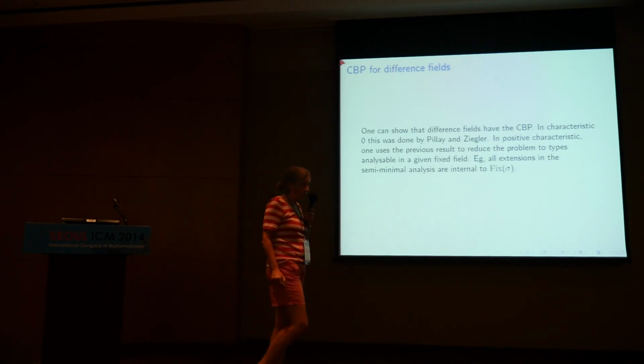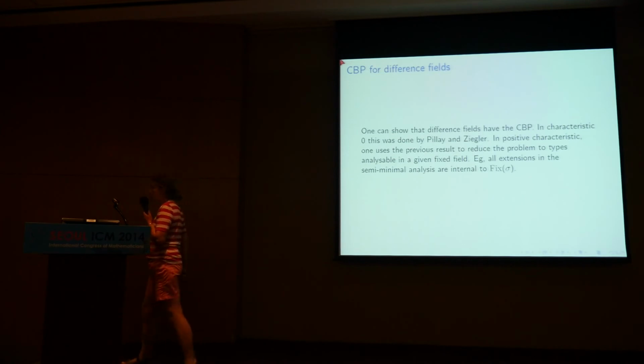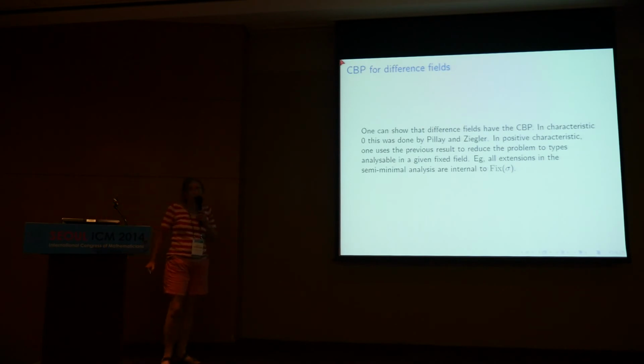As I said, the canonical base property was shown for existentially closed difference fields of characteristic 0. In characteristic p, the methods do not apply. However, how would one go about it?